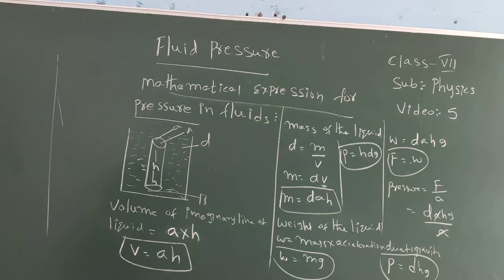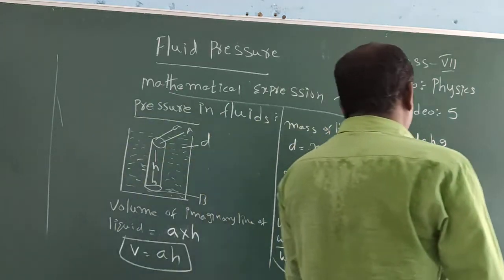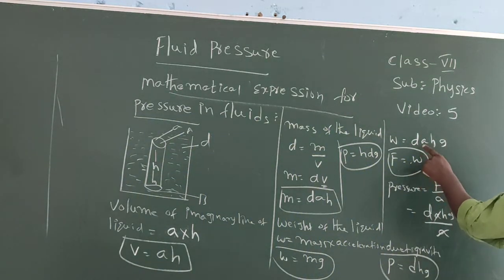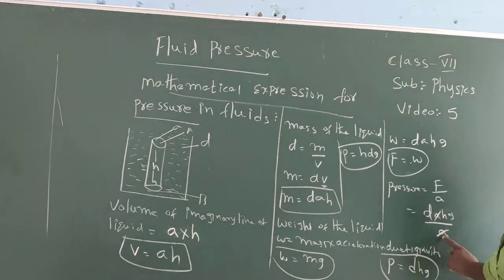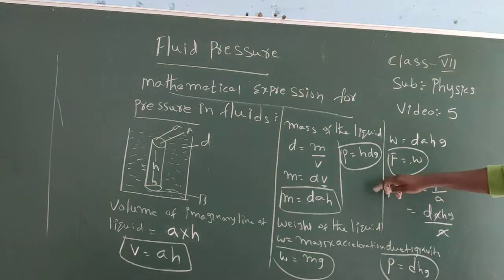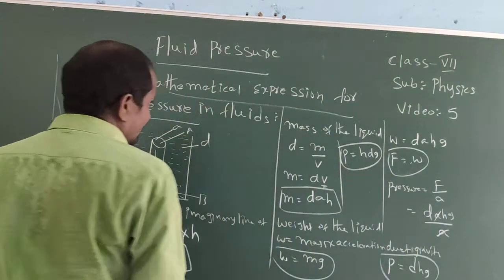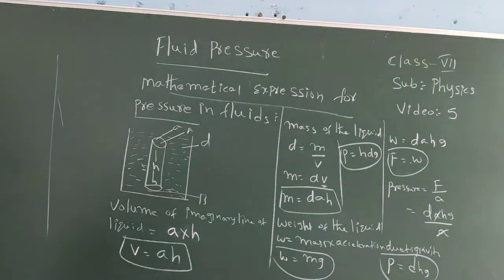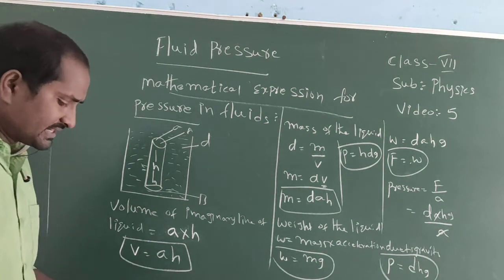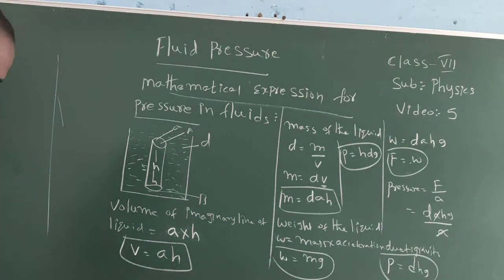Force equal to dAhg by A. So the area of cross section cancels, remaining dhg. Therefore P equal to hdg. It is the pressure equation in fluids.